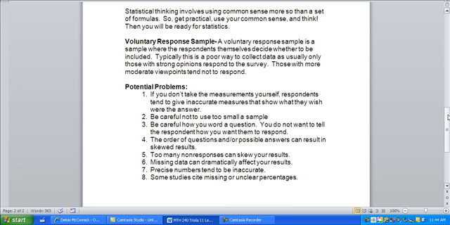Number two, you want to be careful not to use too small a sample. If your sample is too small, you may actually not get enough information. You want to be careful how you word a question. You don't want to tell the respondent how you want them to respond.